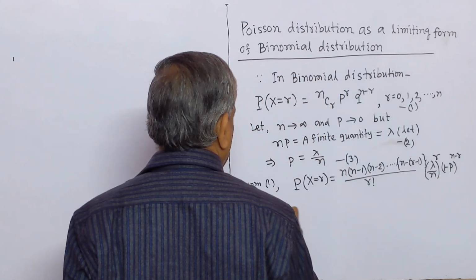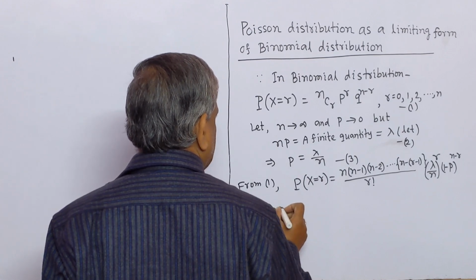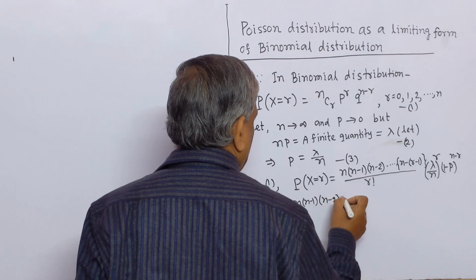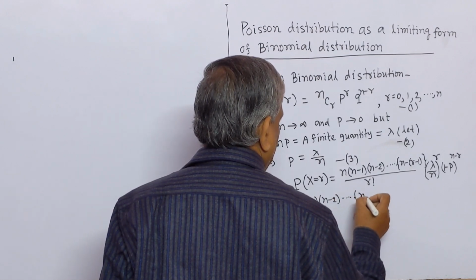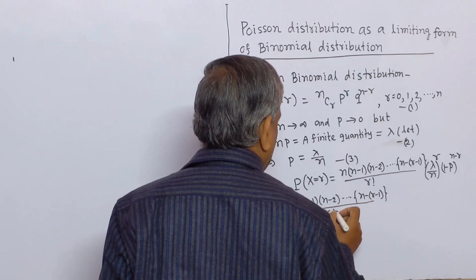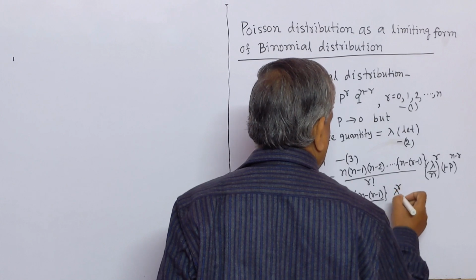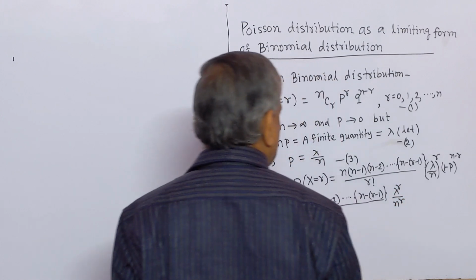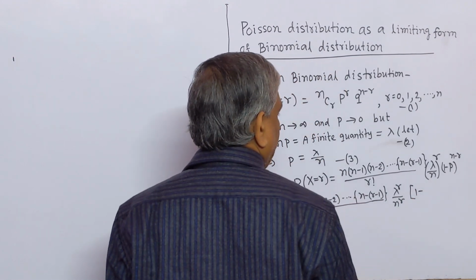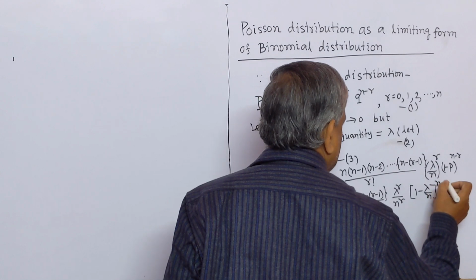This implies that P(X equal to r) equals n(n minus 1)(n minus 2)...(n minus r plus 1) by factorial r, multiplied by lambda to the power r by n to the power r, times 1 minus p, that means 1 minus lambda by n, to the power n minus r.